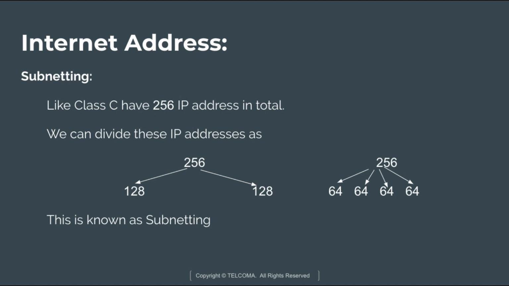Here this is subnet 1 and this one is subnet 2. As we require only 120 addresses, we can use subnet 1 for our new network. For another network, we can use subnet 2 for establishing another new network. In this way, we can divide the IP addresses, and this method is known as subnetting.